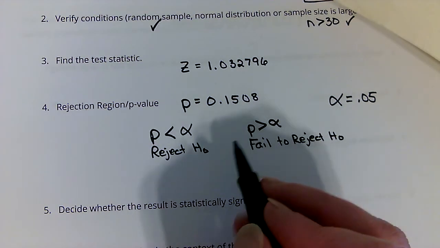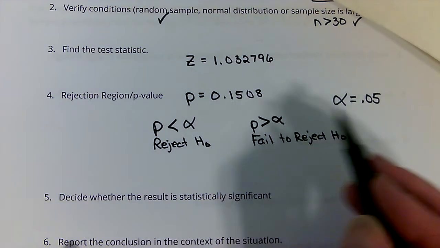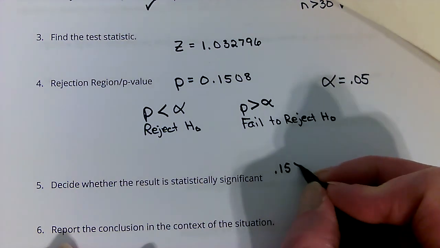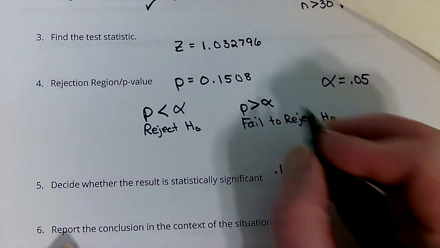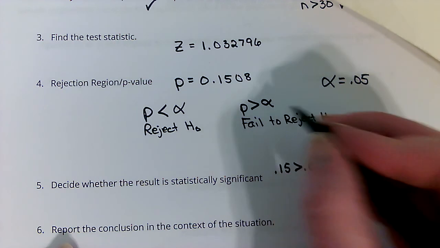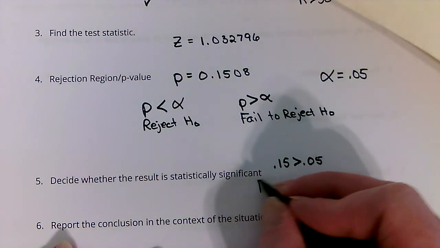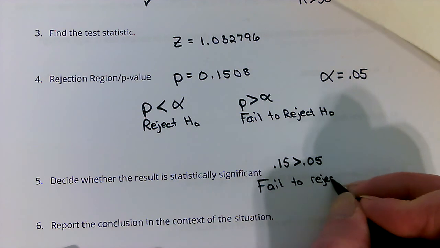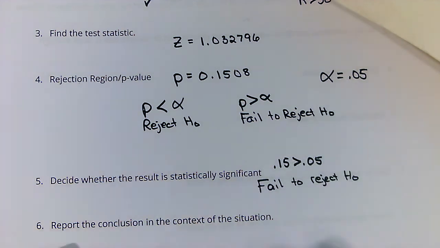So which one is it? Well, 0.15 is bigger than 0.05, so p is bigger than alpha. We will fail to reject the null.